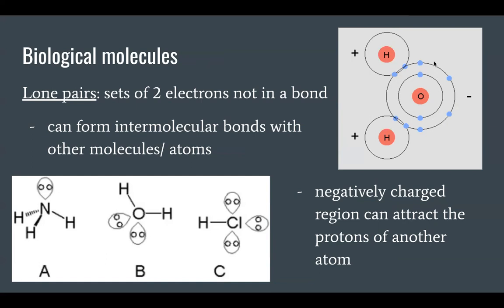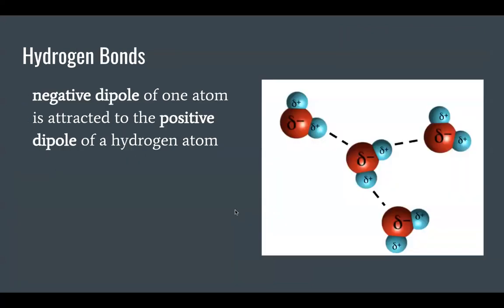Essentially, these negatively charged electrons are going to form intermolecular bonds with other atoms or molecules. So let's take a look at how this can potentially look. Let's look at an example.